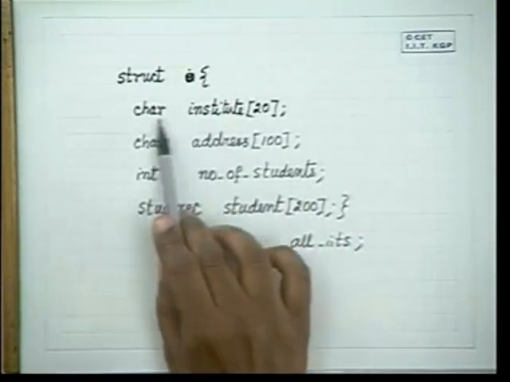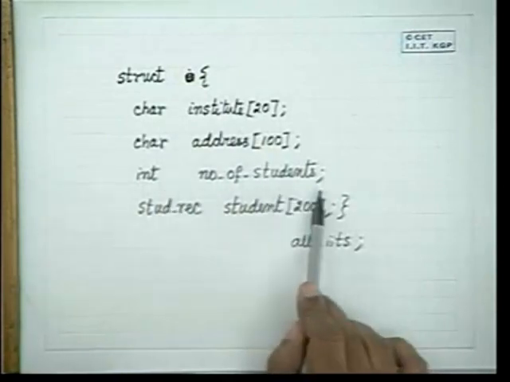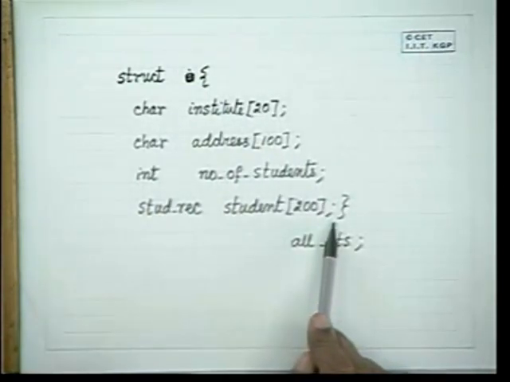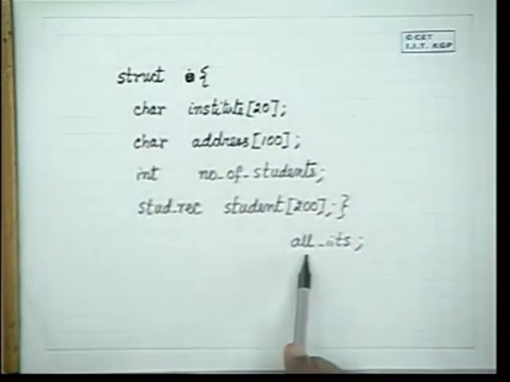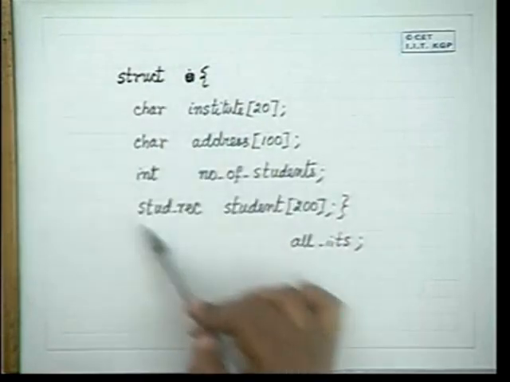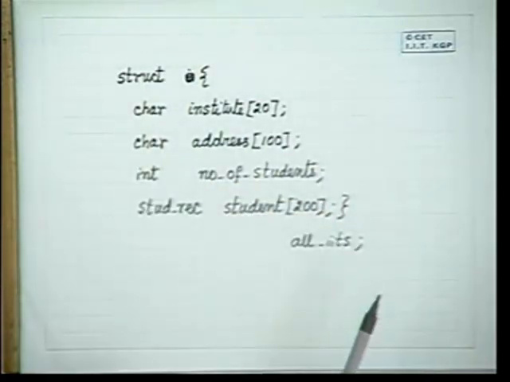So this is a structure which takes institute, address, number of students and the student records of that institute. So now you have encapsulated, you have got another structure called all IITs, where inside this you have got all the student information.